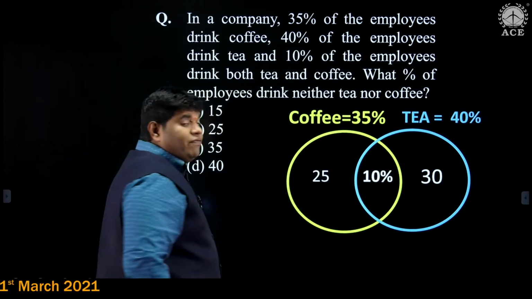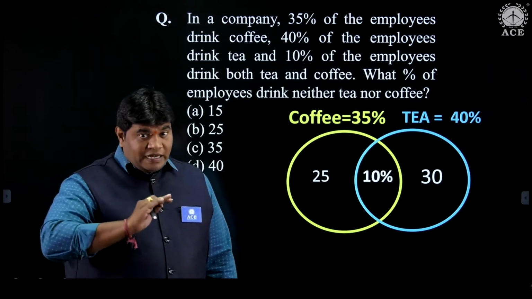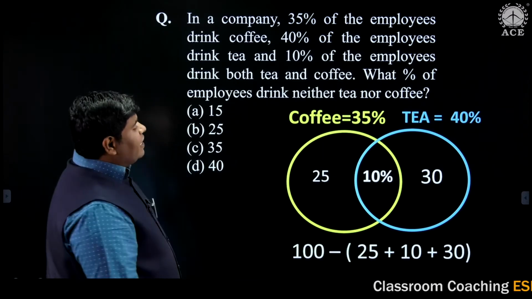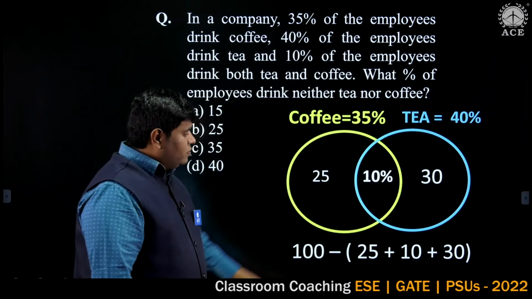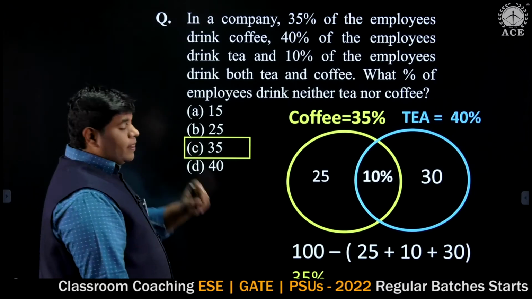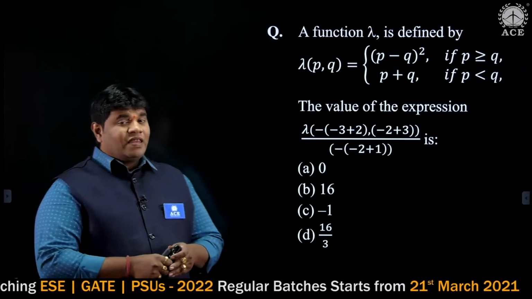So total 65%. 65% of people took tea or coffee. So those not taking, 100 minus this value. So the answer is 35%. This is the answer.